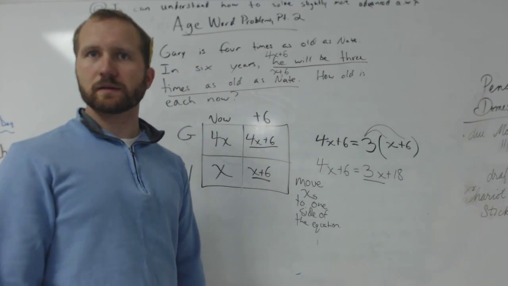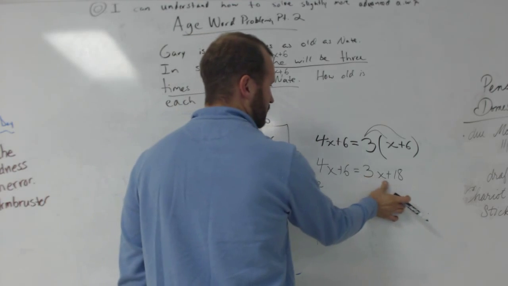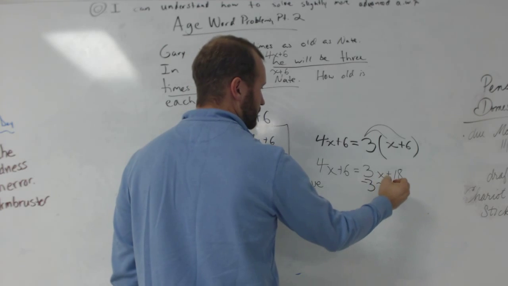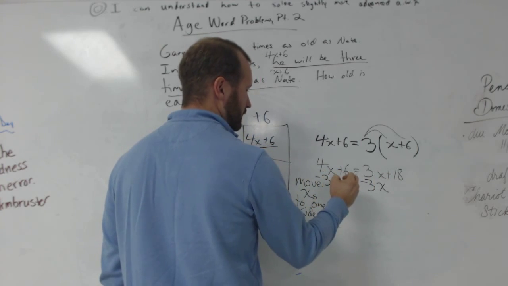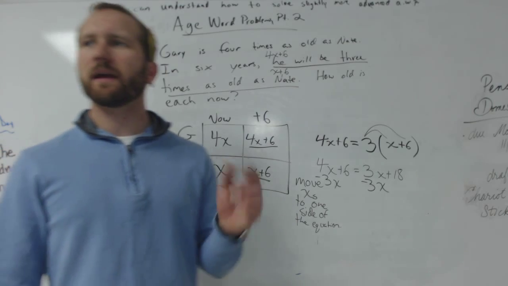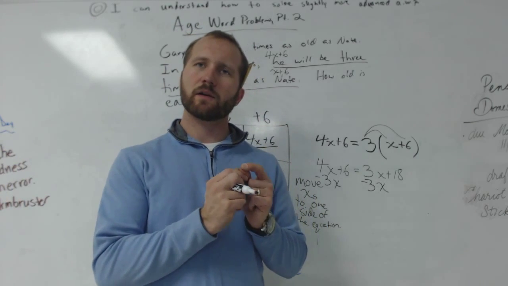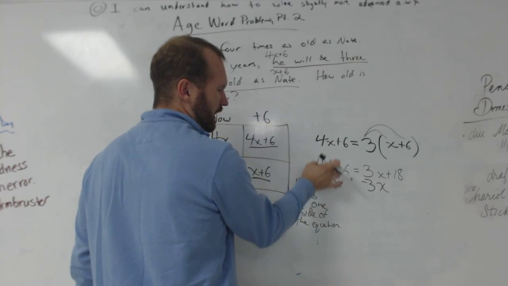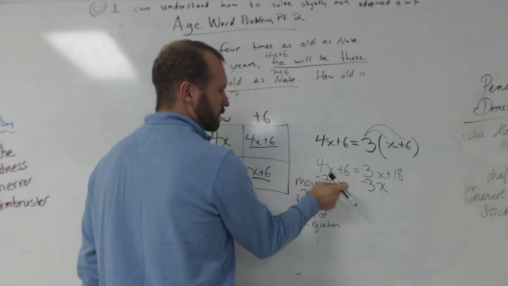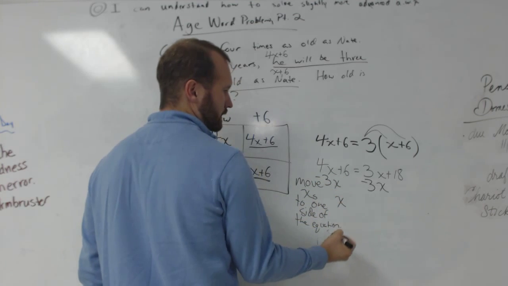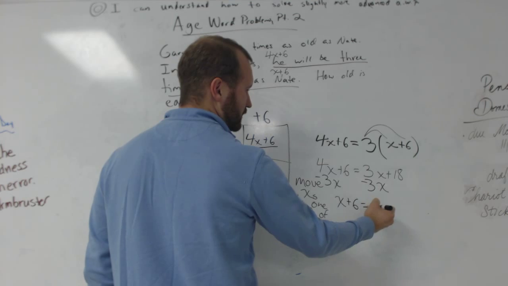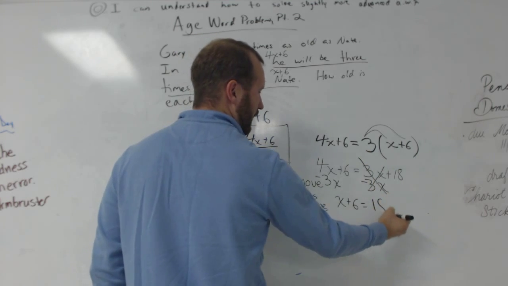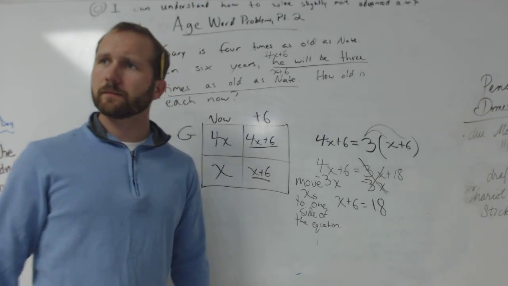Remember we talked about this when we were talking about solving equations. So I'm going to subtract the smaller x from both sides of the equation. By smaller x, I mean the x with the smaller coefficient, the coefficient that is a lower number. So 4x, and I line it up with its like terms. 4x minus 3x is x. The 6 doesn't change, and the 3x minus 3x cancels. So now I have x plus 6 equals 18.